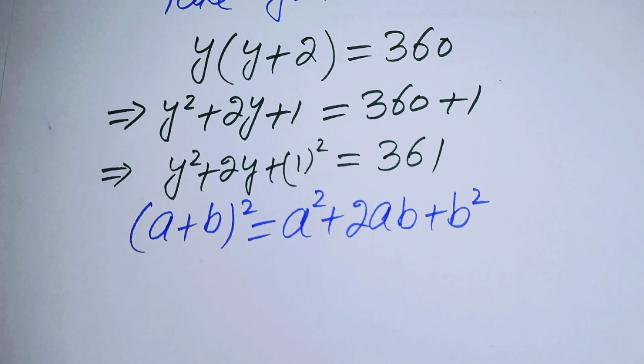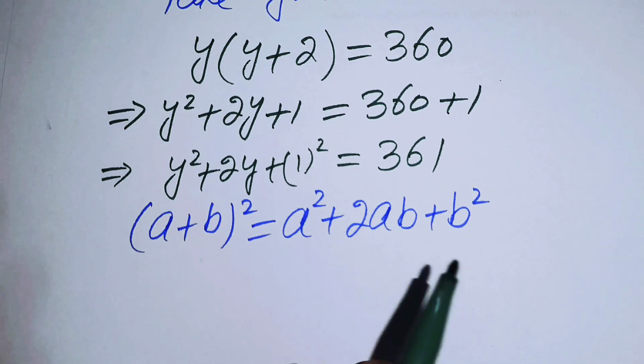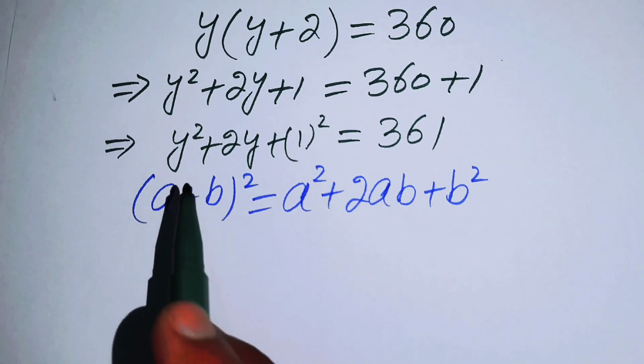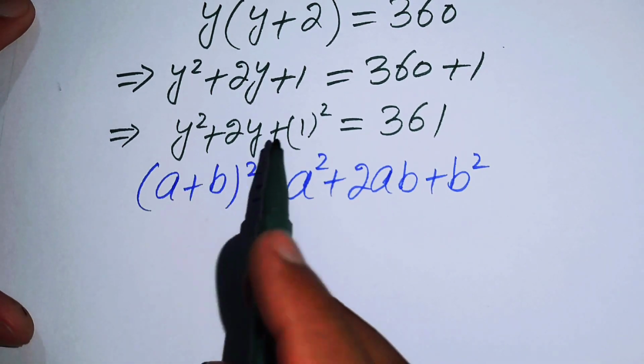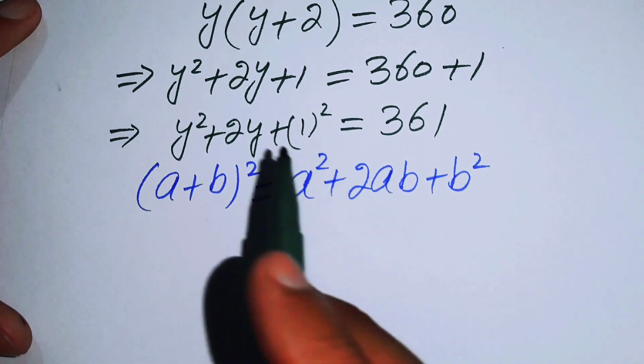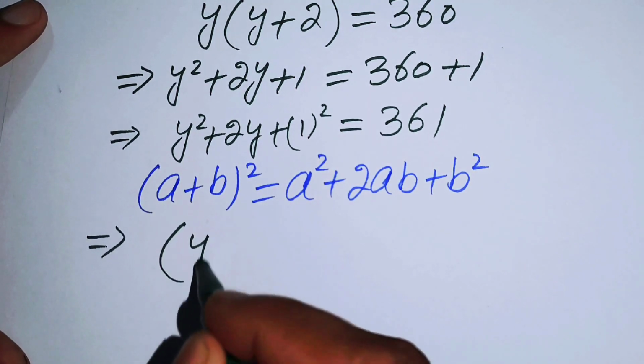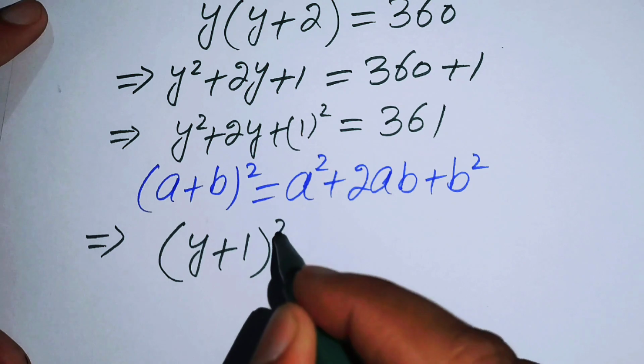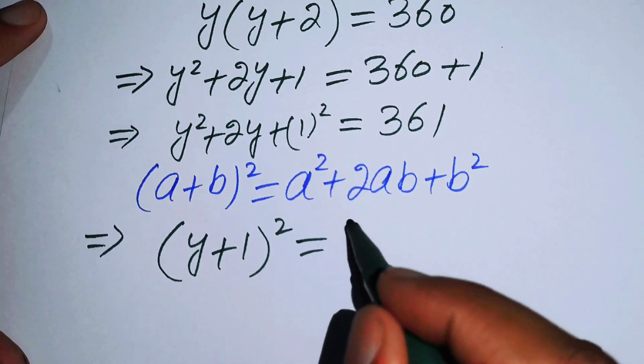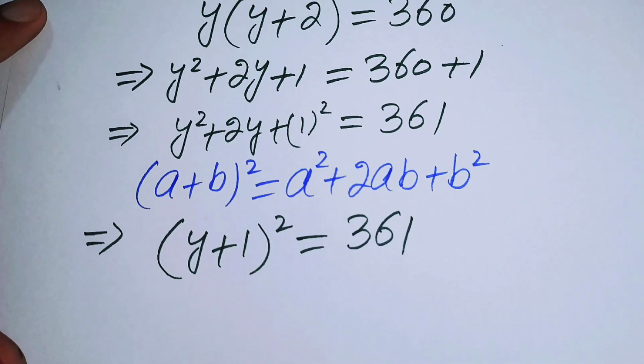So now if you focus on the left hand side, you can see we have a squared plus 2ab plus b squared, and when we complete the square, you get (y plus 1) whole squared equals 361.